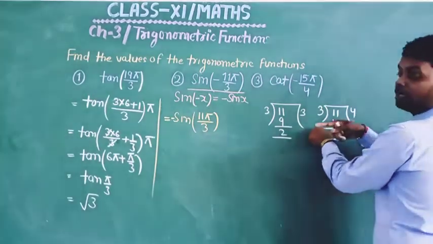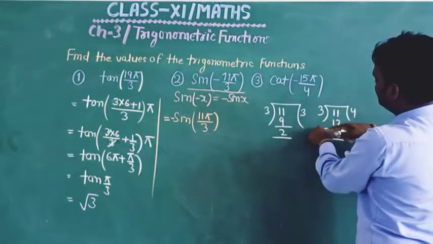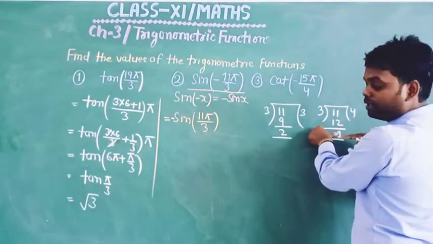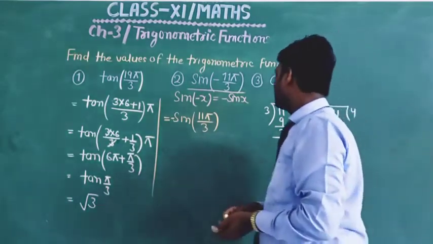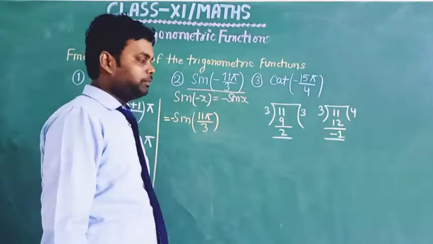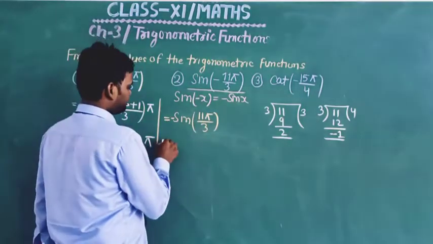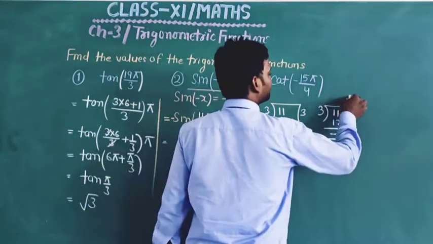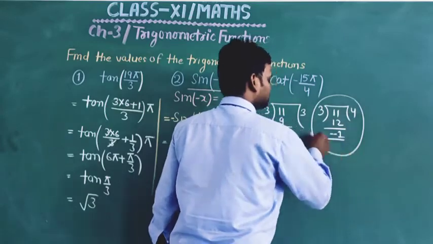We check which remainder is minimum. So here we see that 1 is minimum, so we will take this division.